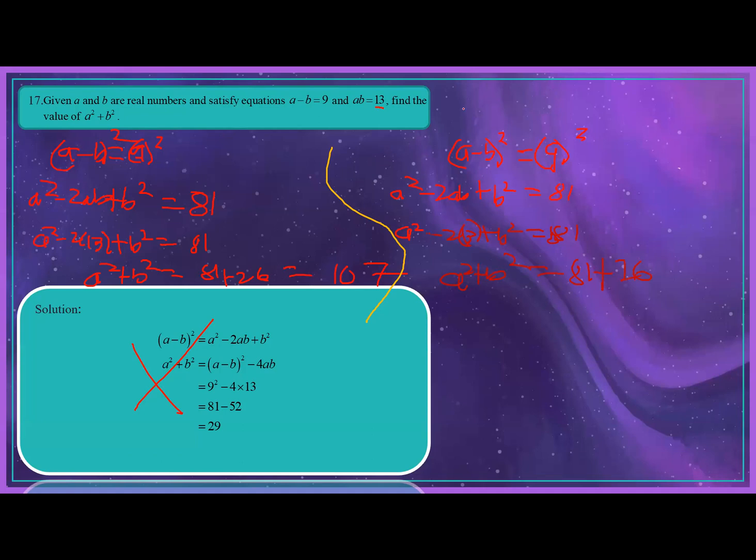It should be plus 2ab, so this would be plus 26. Our answer would be 107, correct.